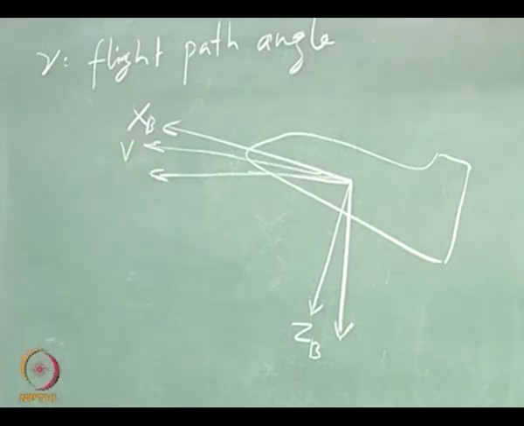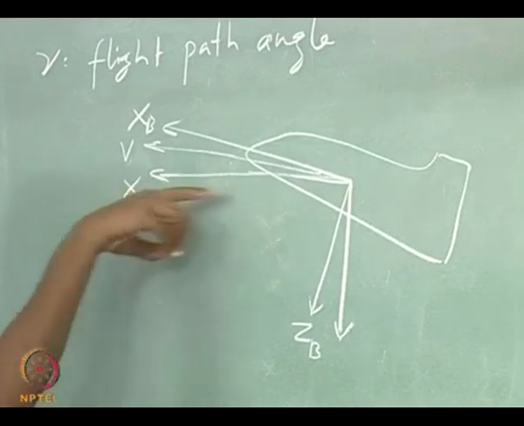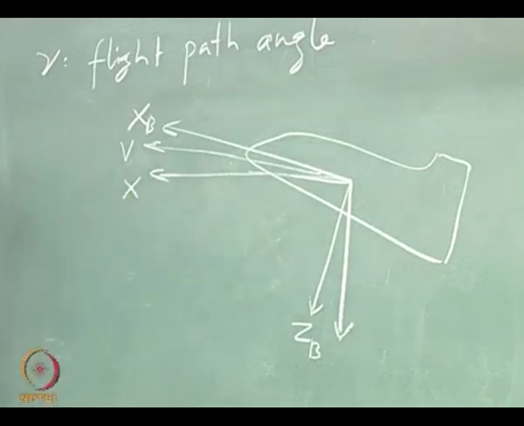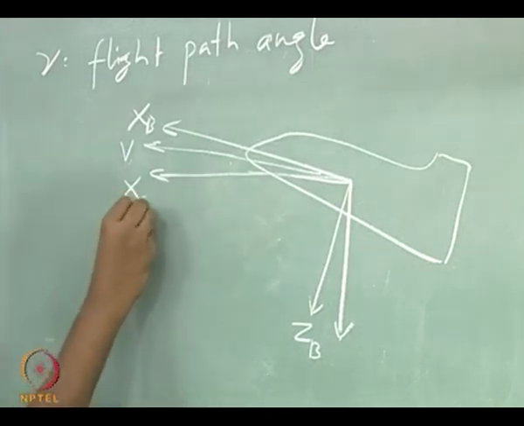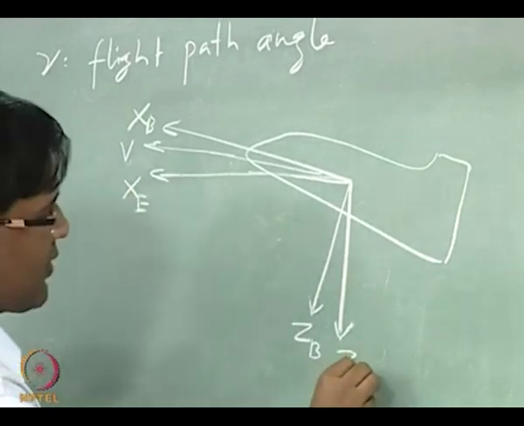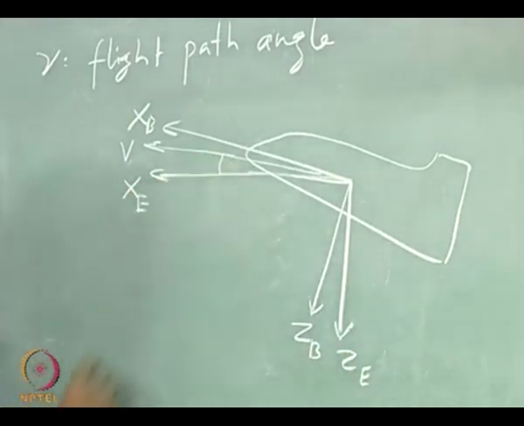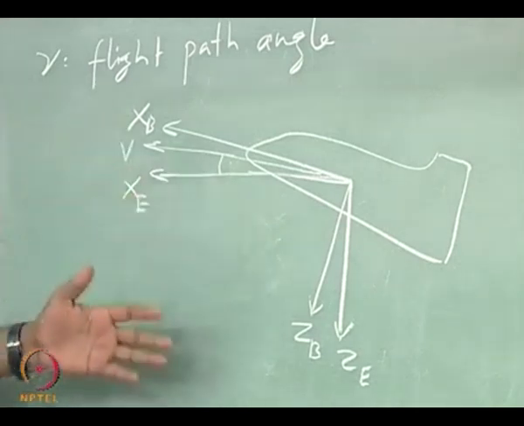And what is gamma? So, I have drawn here a local horizon, right? This is the angle which is called flight path angle, right, in this 2D plane, right, longitudinal plane.